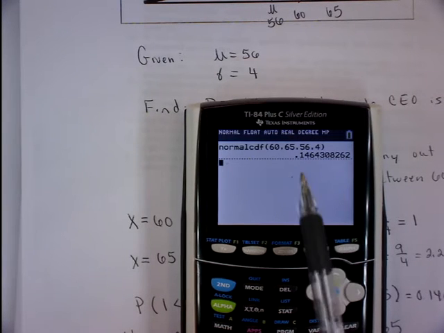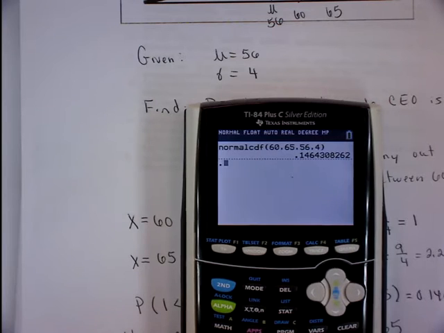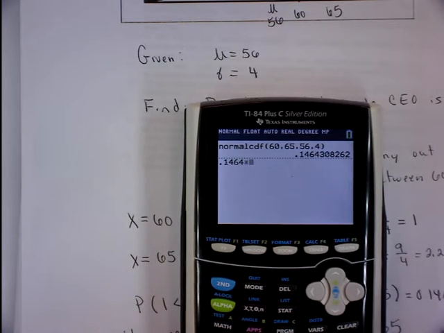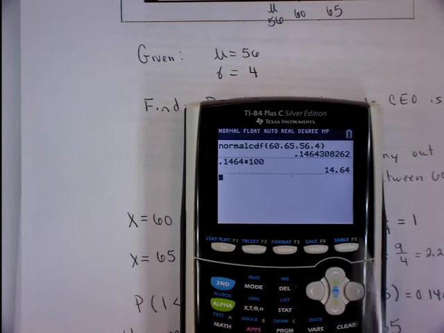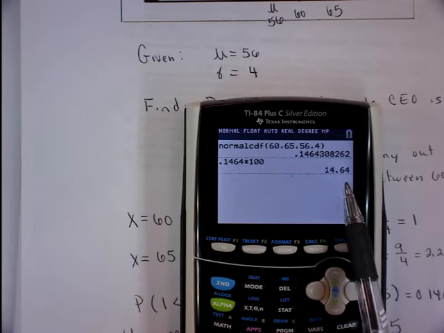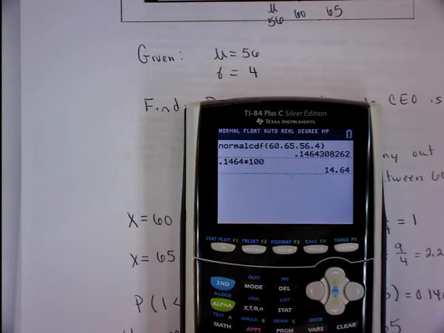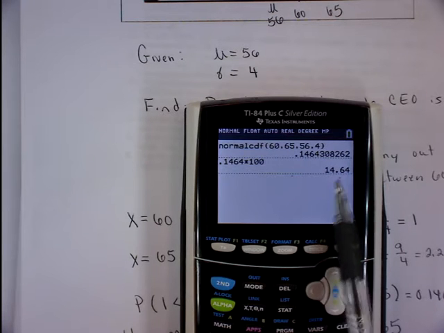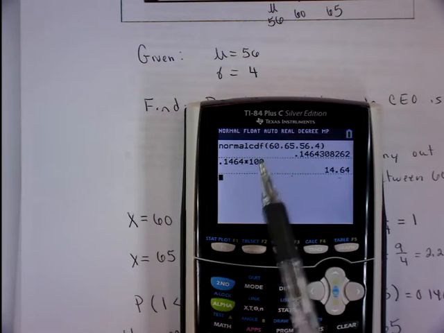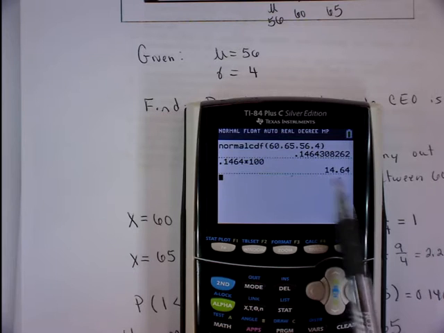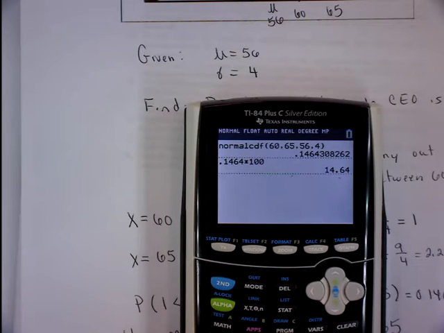Now the calculator gives you .1464, and if you multiply by 100, you get 14.64, which we round up regardless of decimal, so it's 15 CEOs. So again, the final answer is 15 CEOs for this, even though the probability of a single CEO being between 60 and 65 is a little bit different than the table, .1464. The final answer is 15 CEOs.